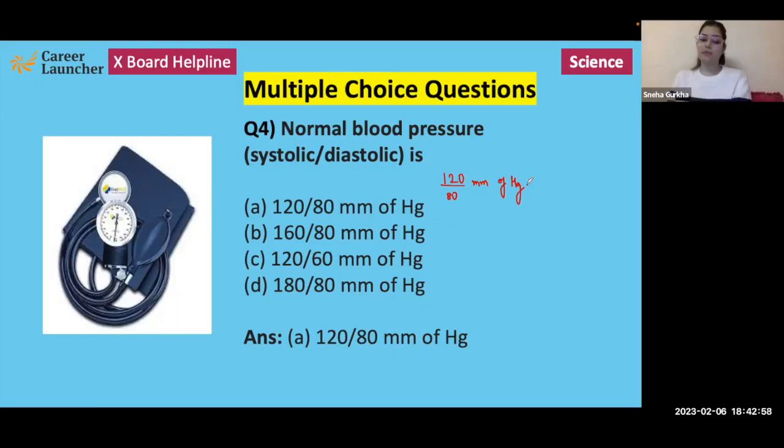So that should be the correct answer, option A: 120 by 80 mm of Hg is the normal blood pressure, systolic by diastolic.